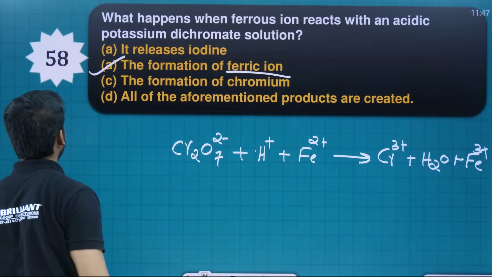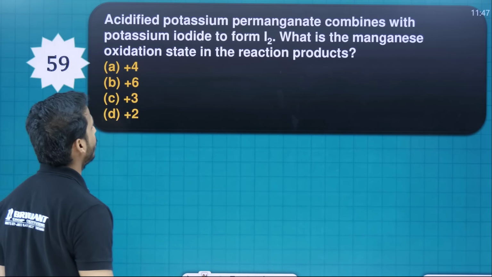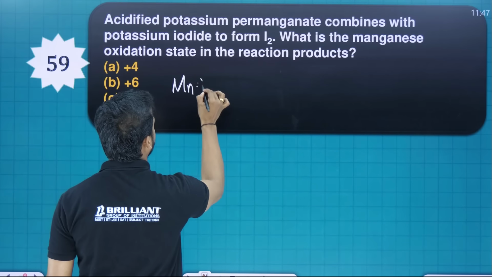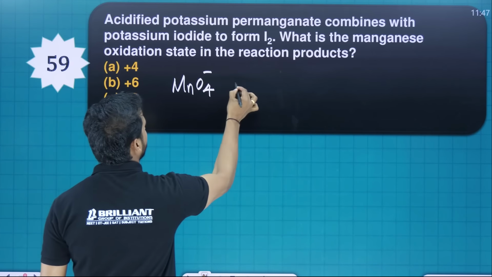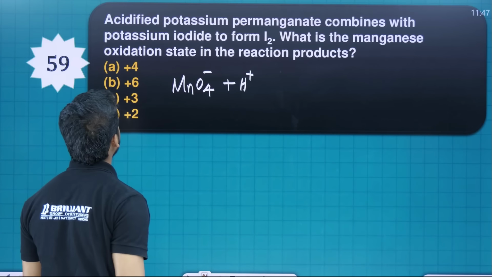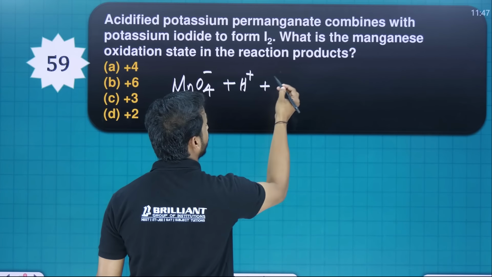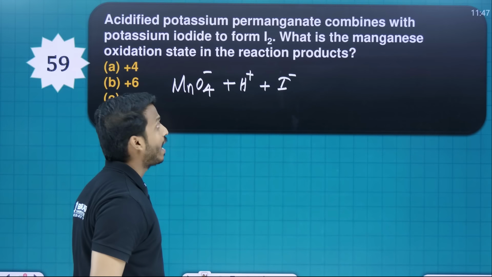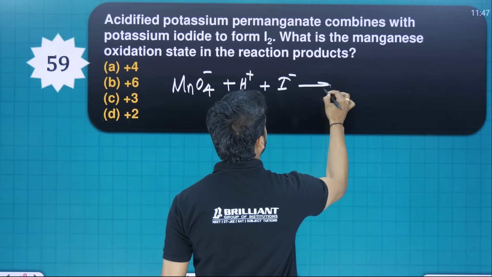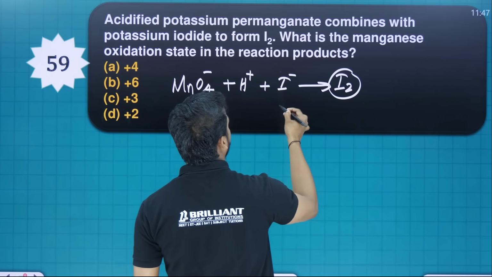So we can say the formation of ferric ion. Next, acidified potassium permanganate. Potassium permanganate is MnO4 minus. Acidified means H plus. Combined with potassium iodide, which contains iodide, it forms I2.